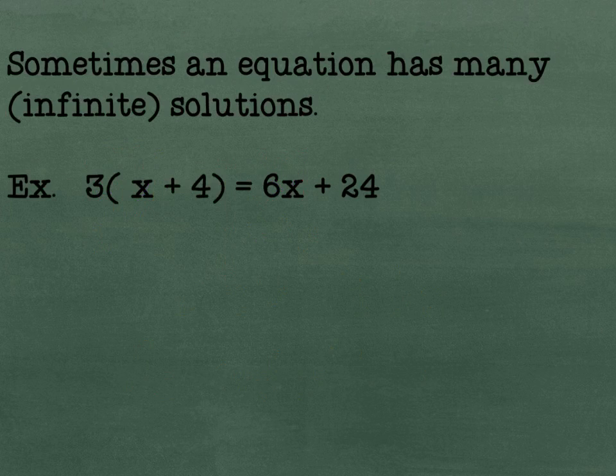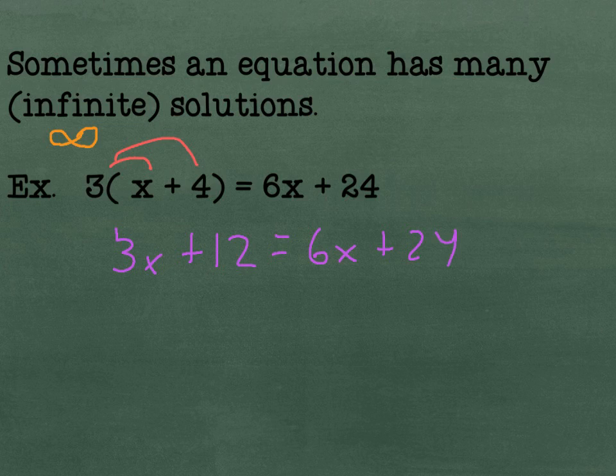We also learned recently that sometimes an equation has many or infinite solutions. And we do sometimes use a symbol for infinite. The symbol for infinite looks like a sideways 8. When we solve these, again, I've got a distributive property here. So I might have 3x plus 12 equals 6x plus 24.